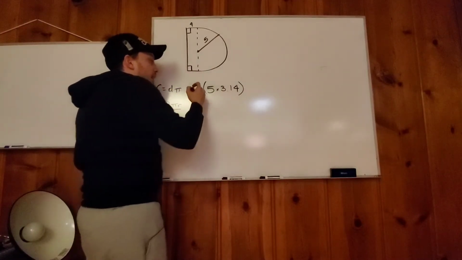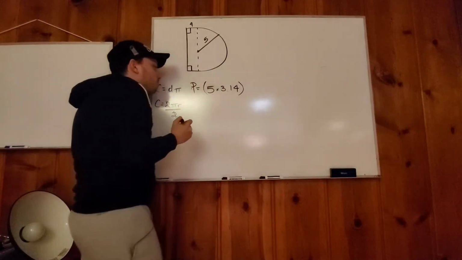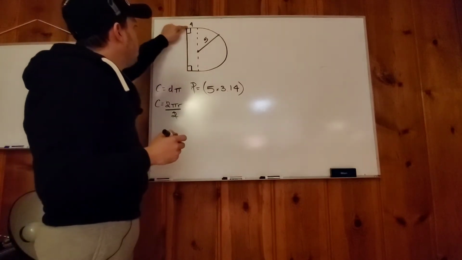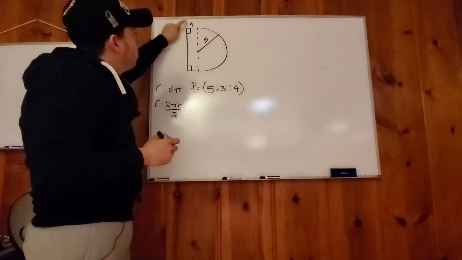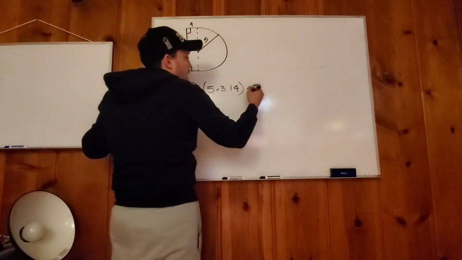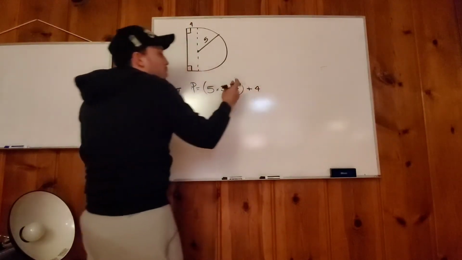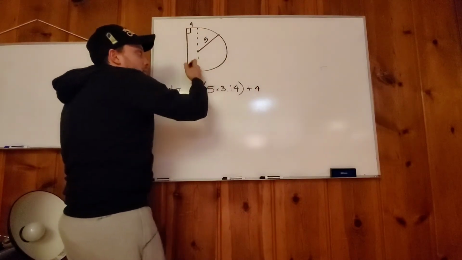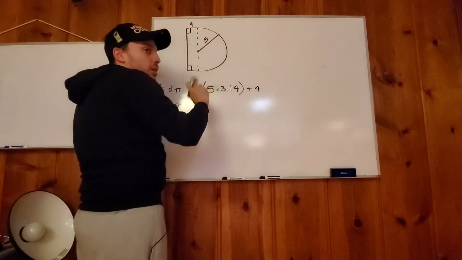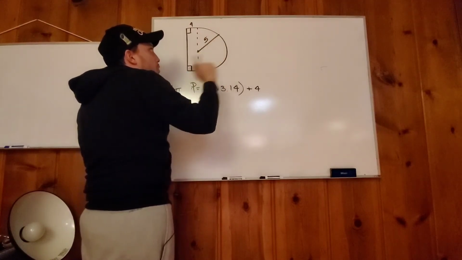We have to add that to find the perimeter, but then we need the perimeter of the other sides. Here we have the top side, which is 4. So we add 4, because perimeter is adding all the sides of the outside. Now this dashed line doesn't count, and the radius doesn't count, because that's not part of the perimeter.